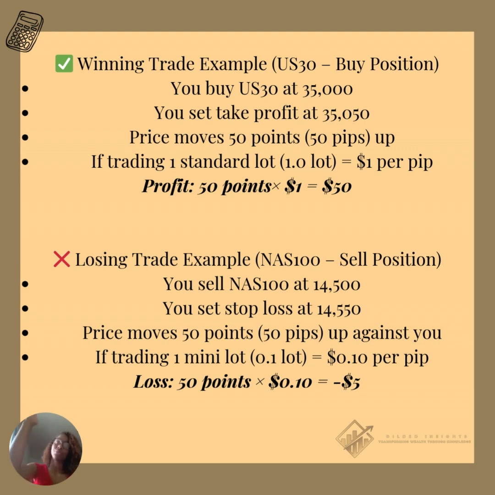So it bounced off and rejected instead. I calculated it with a mini lot, which is going to move 10 cents per pip. So with that, I have 50 points times 10 cents, which equals negative $5. So I lost $5 in this trade because it moved against me.